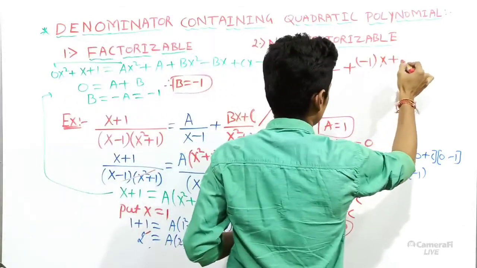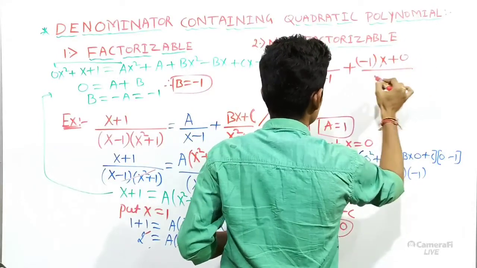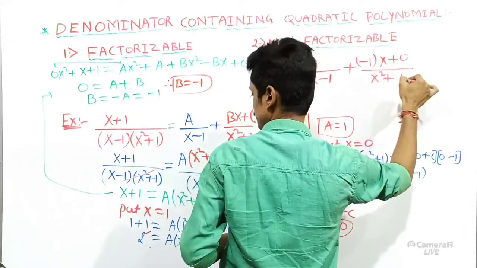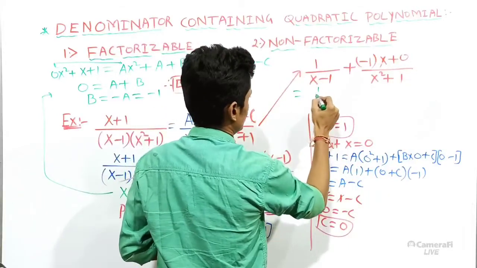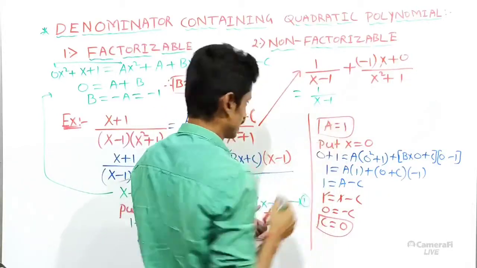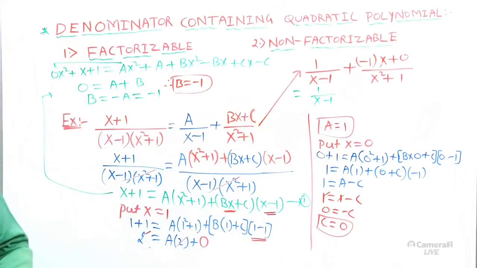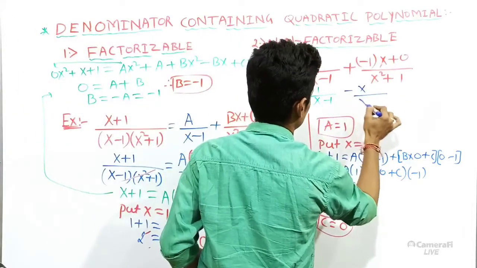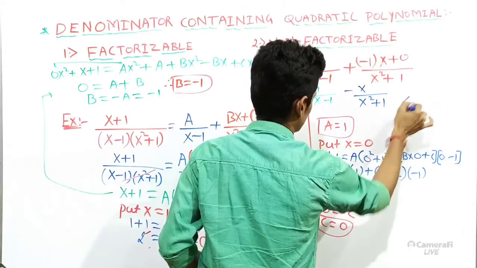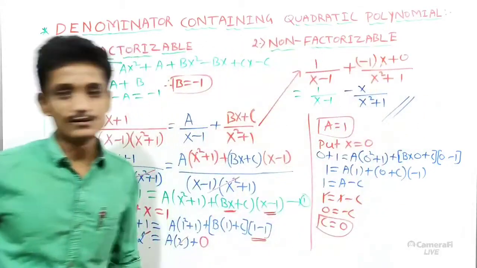Plus c, what is the value of c? That is 0, divided by x square plus 1. Now rewrite this one. 1 divided by x minus 1, plus into minus is minus, x divided by x square plus 1. This is our splitting form.